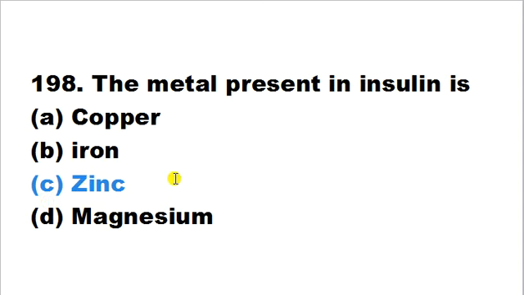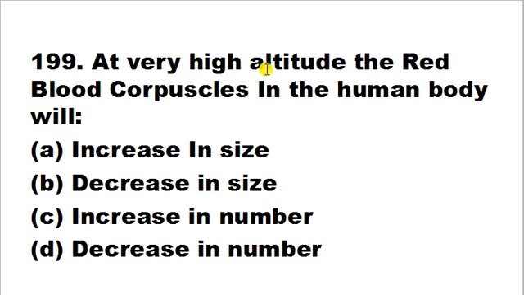At very high altitude, the red blood corpuscles in the human body will increase in size, decrease in size, increase in number, decrease in number. So here the correct answer is: at very high altitude the RBCs present in our blood increase in their size. Why? Because at high altitude there is less atmospheric pressure, so there is less oxygen.